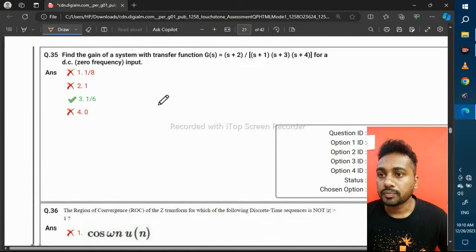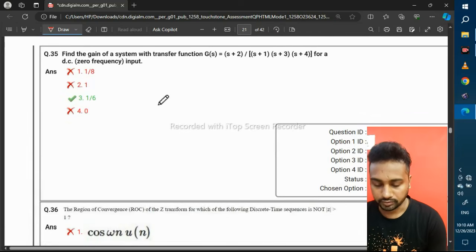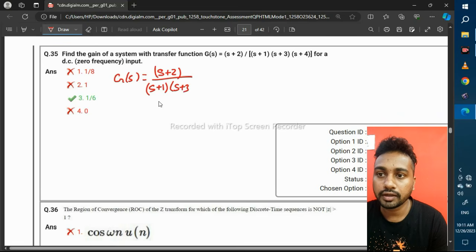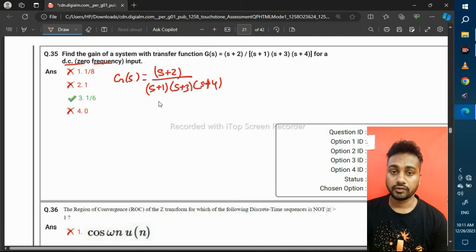Find the gain of a system with a transfer function. We have given the transfer function G of s equal to s plus 2 divided by s plus 1, s plus 3 and s plus 4. We need to find the gain at DC, 0 frequency.